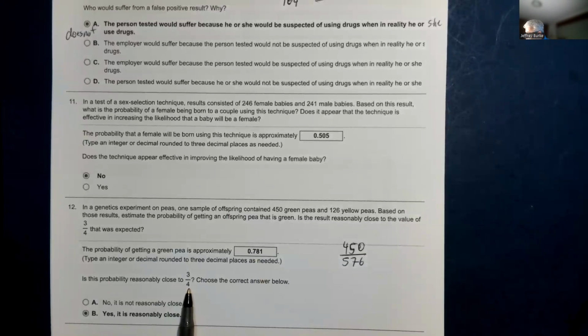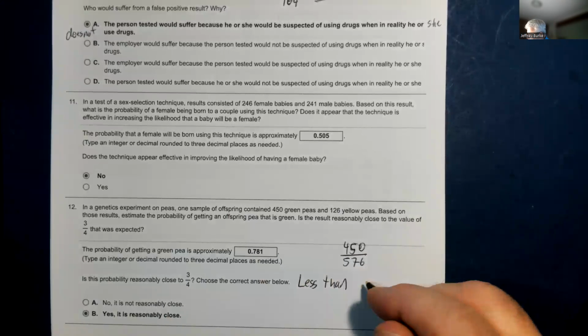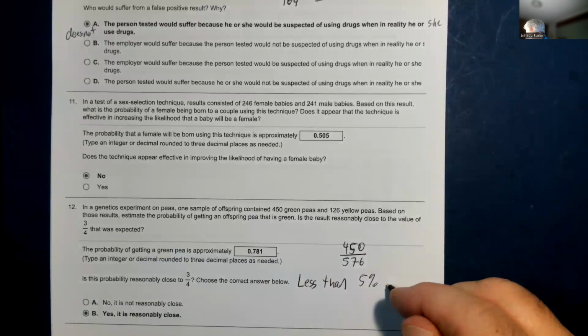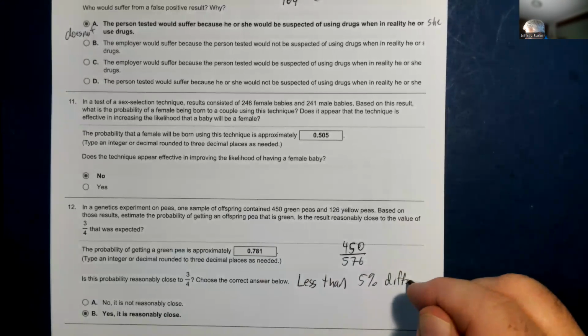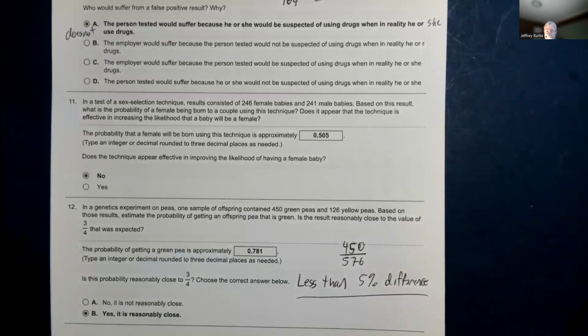What is reasonably close? That is a less than 5% difference. We're going to look at what reasonably close means a little later, but when we talk about reasonably close, we're talking less than a 5% difference.